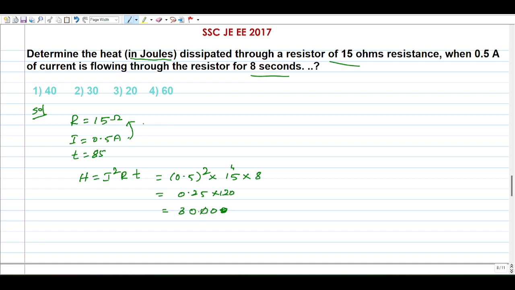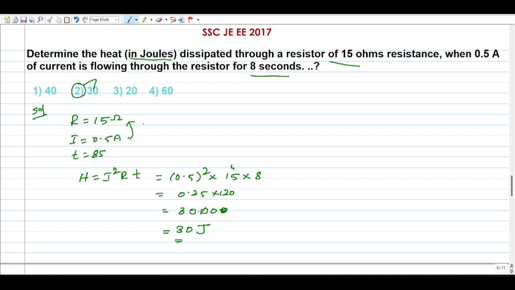If we place the decimal point, we get 30 joules. This is the answer. Since we have the direct formula for heat, H is equal to I square RT, we just need to substitute the values given in the question. So the final value is 30 joules, and the answer is option 2, 30.